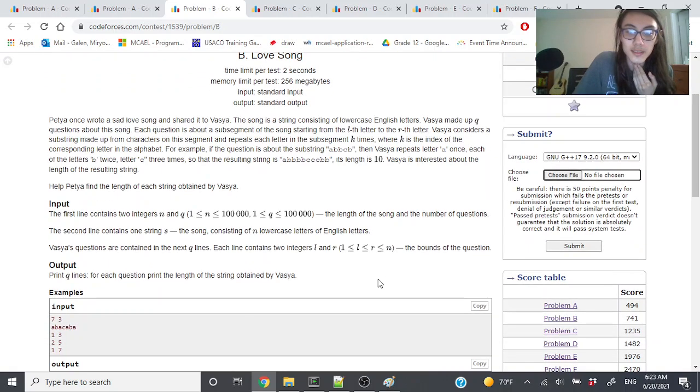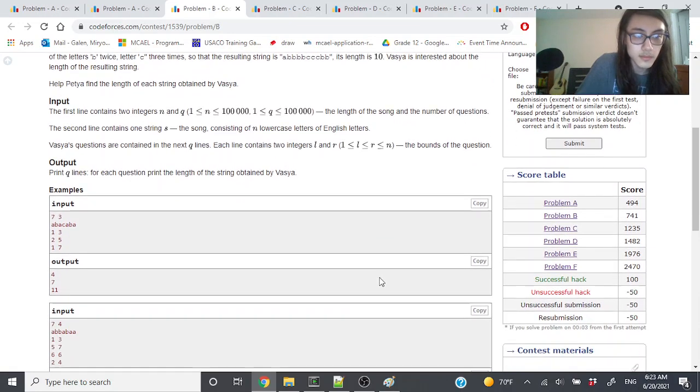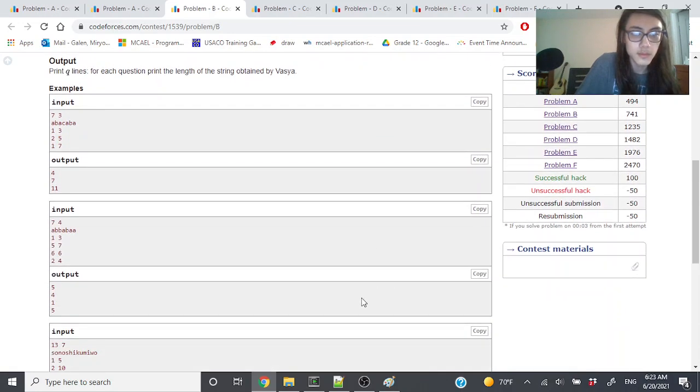Subsegment, substring, PT letter k times. So you square the occurrence? No, what? K is the index of the alphabet. Okay. Okay, that's much easier.